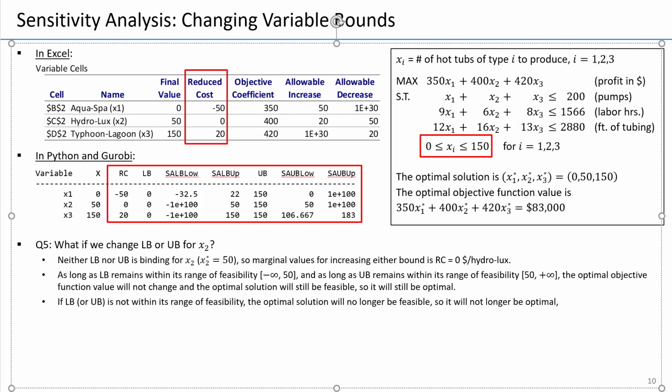So the optimal solution will change, and also the optimal objective function value will be 83,000 or less, most likely less, right? But very likely it will drop because we just made the optimal solution infeasible, and when we restrict the model like this, we should expect a decrease. Only if there were multiple optimal solutions to start with, we could still get $83,000 with another optimal solution.